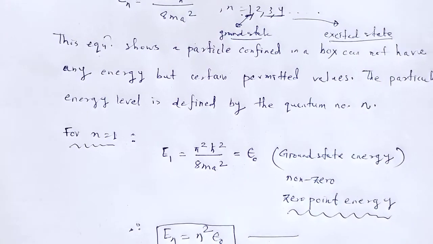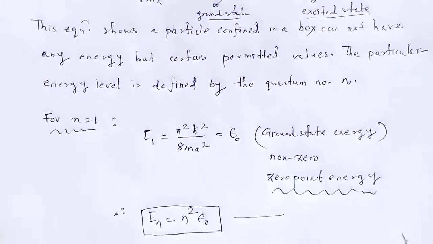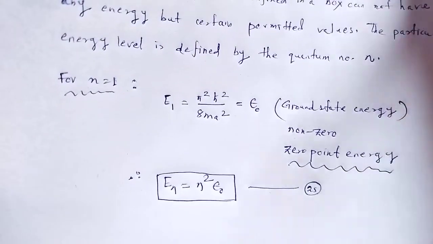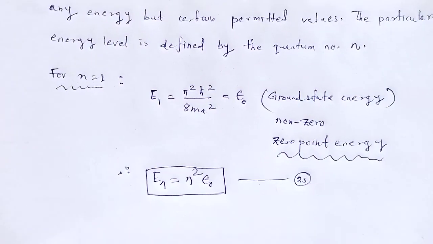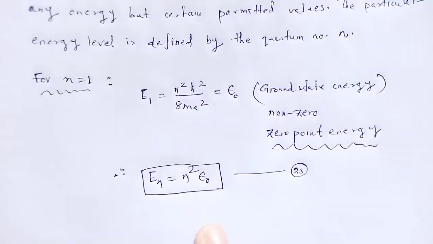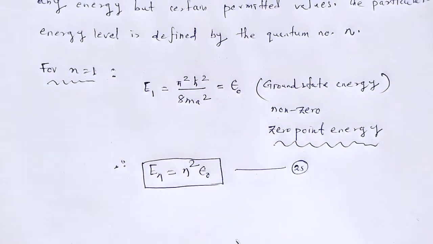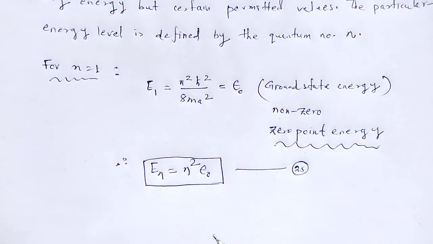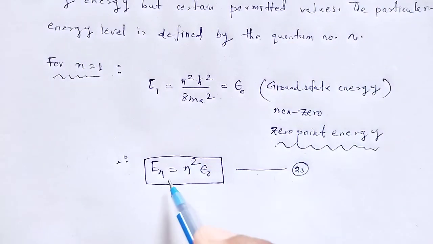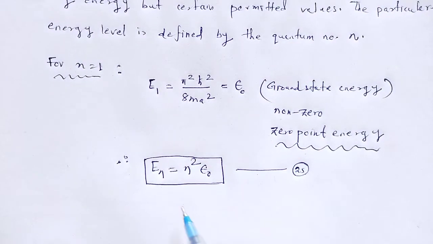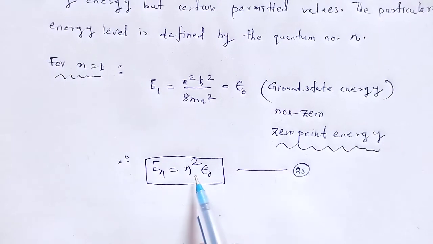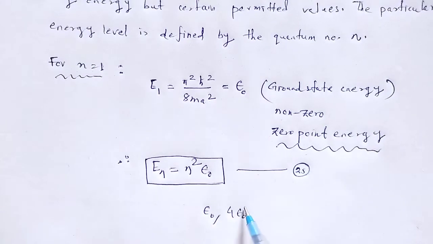Let us call this equation number 25: En is equal to n square epsilon naught. What are the allowed energy levels for the particle enclosed within the box? When n is equal to 1, it will be epsilon naught. When n is equal to 2, it will be 4 epsilon naught.